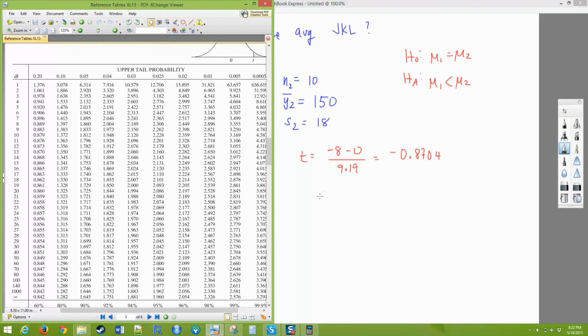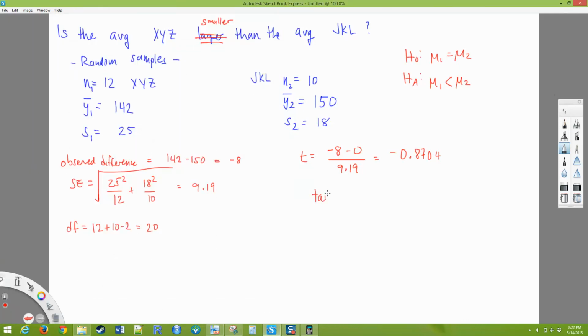So our tail area will be less than 0.20, but greater than 0.10, or if you wrote it the other way around, that's fine, okay? And our tail area is probably much closer to 20% than it is to 10%. If I had to guess, I would say 19%. But again, we don't need to try to get precise. All we have to say is that our tail area is between 10 and 20%.